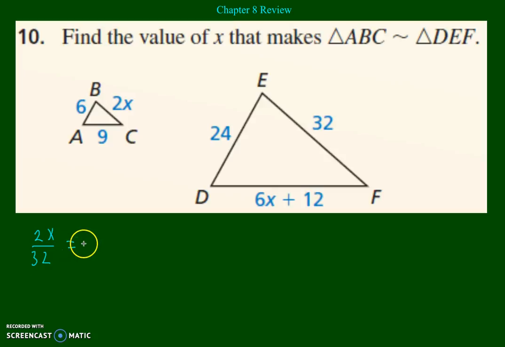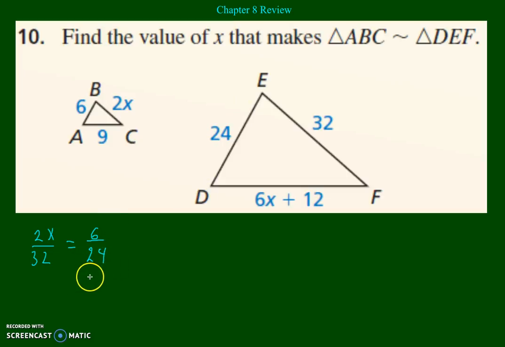Now I'd like to pick ED, because I don't want to have this guy so that I have to multiply these two together. So ED is 24. ED corresponds to AB, and oh happy day, AB is a number, 6. So I know then that 6, because I started with triangle ABC and I end with triangle ABC, 6 is to 24.